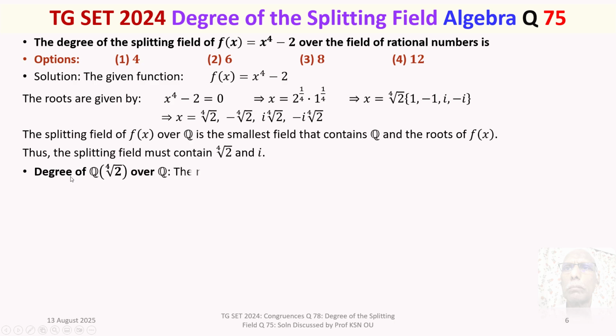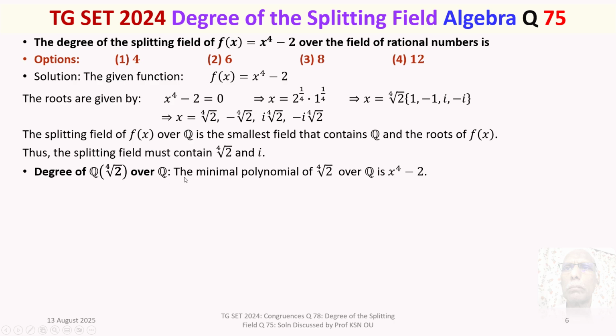First, let us look at Q. In Q, do we have the fourth root of 2? No. Then make an extension. That extension is Q(fourth root of 2). And what will be the degree of this extension over Q?